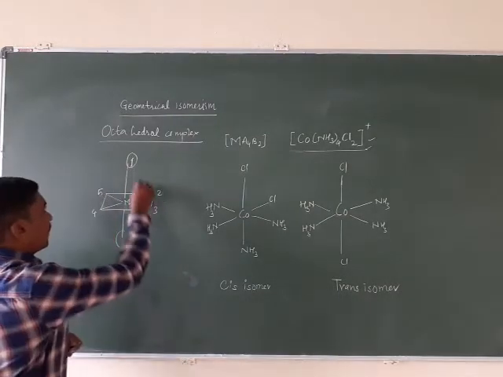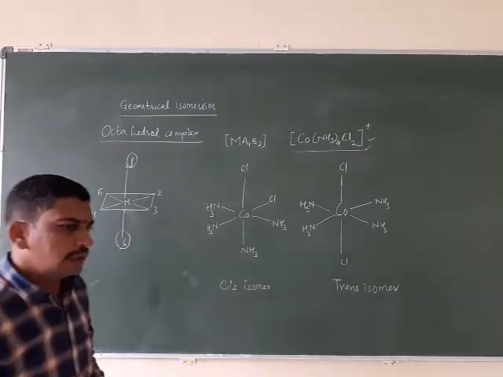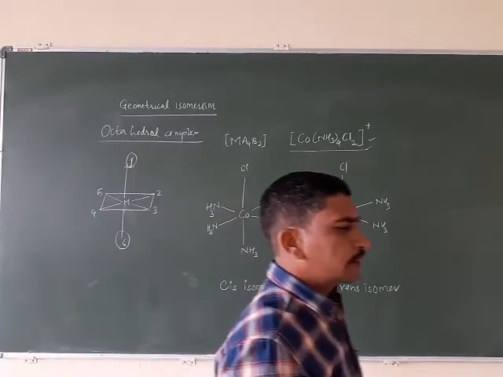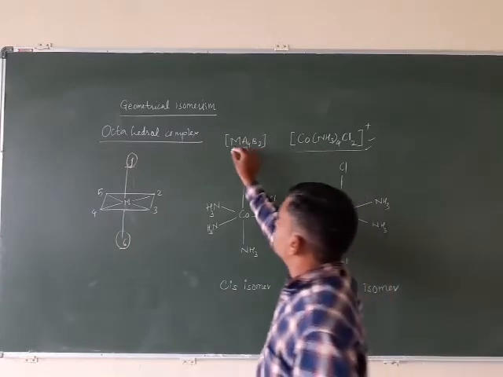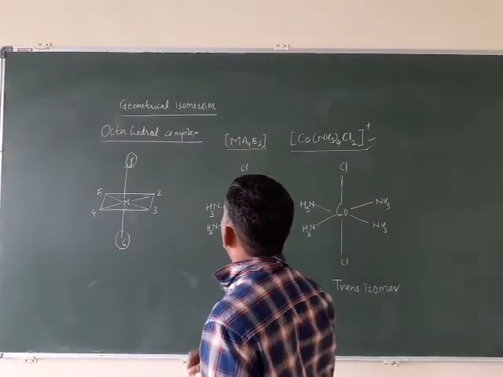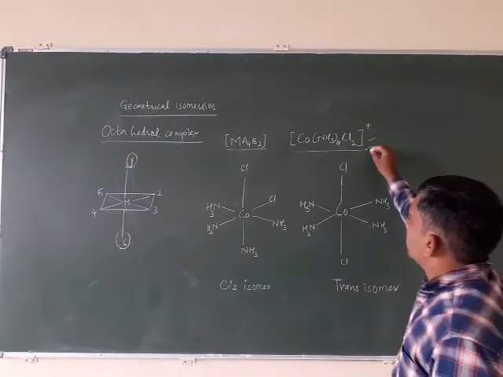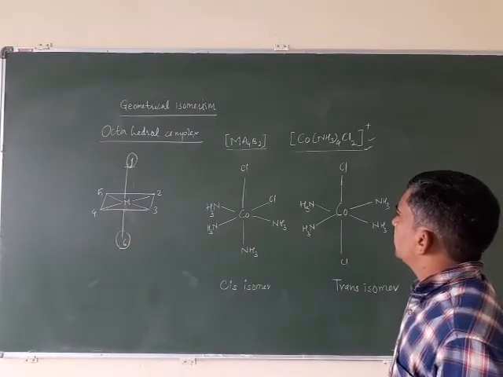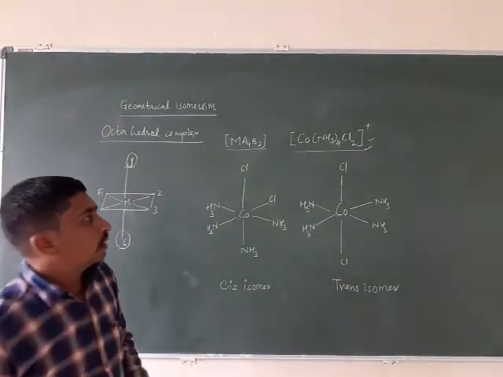Always follow a single path for all the examples for which you are going to draw the structures. So what is our complex? Our complex is A4B2, and the example for this complex is Co(NH3)4Cl2 plus.